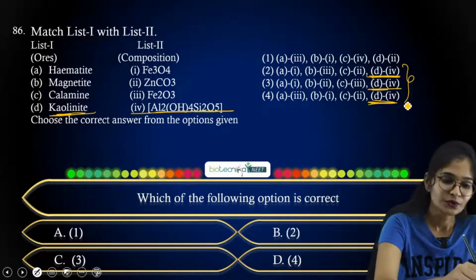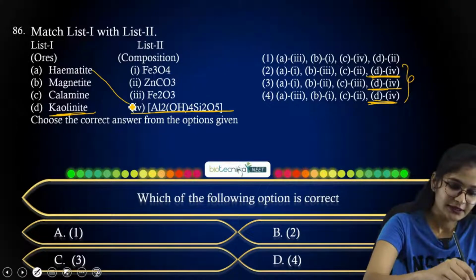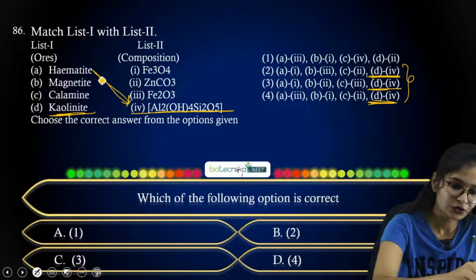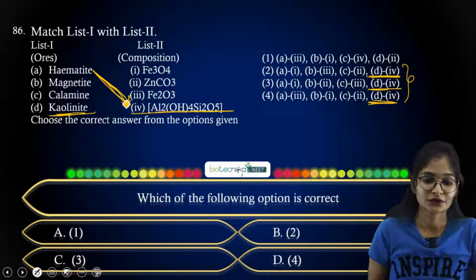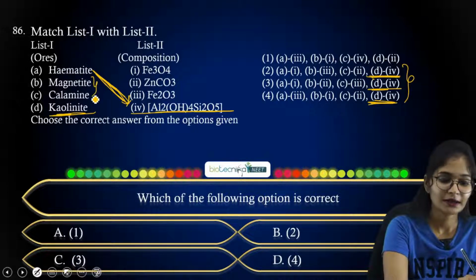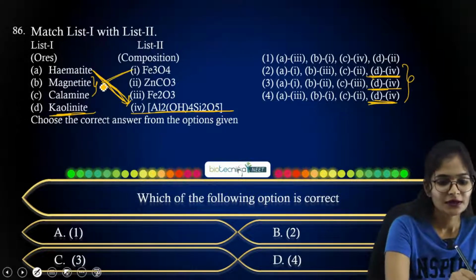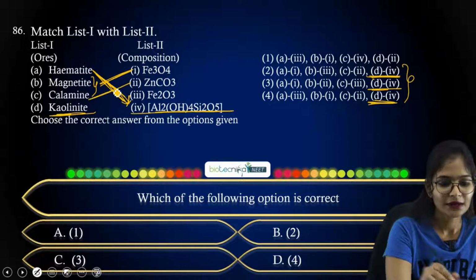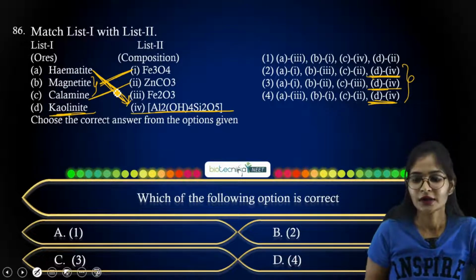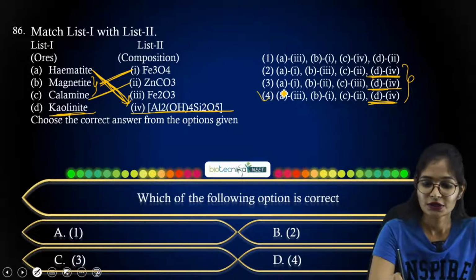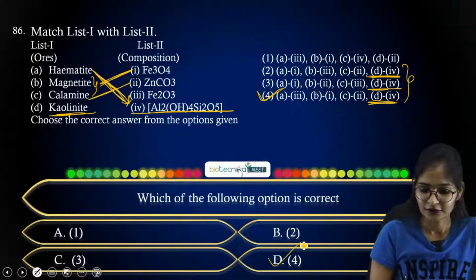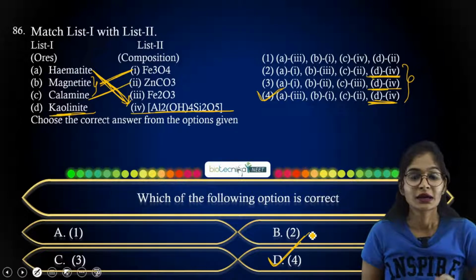Hematite is normally Fe2O3, which we already know. But there might be some confusion with respect to calamine and magnetite. Magnetite we know is Fe3O4 and calamine is zinc carbonate. So if you compare, option D will be the correct answer here.